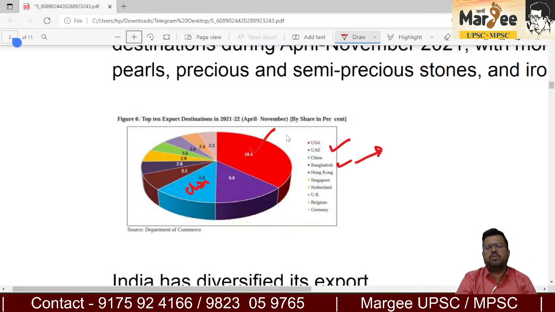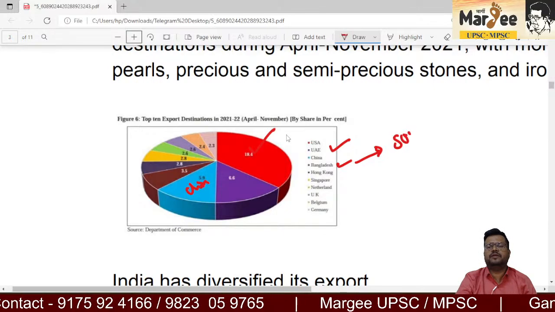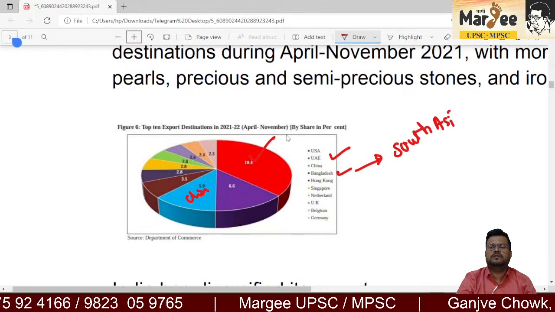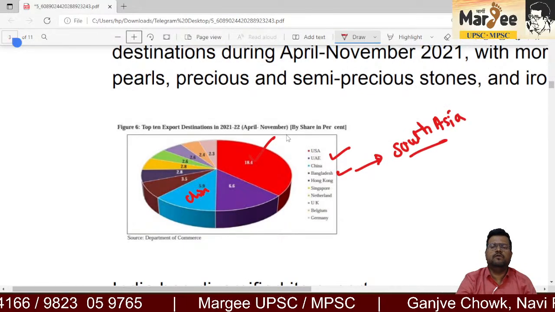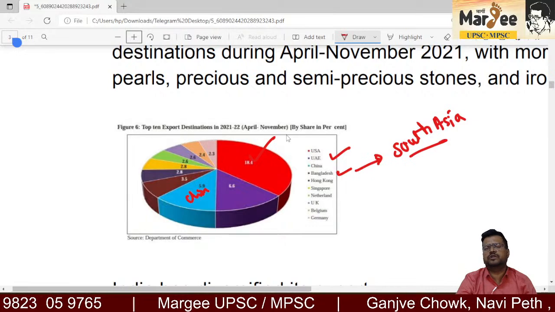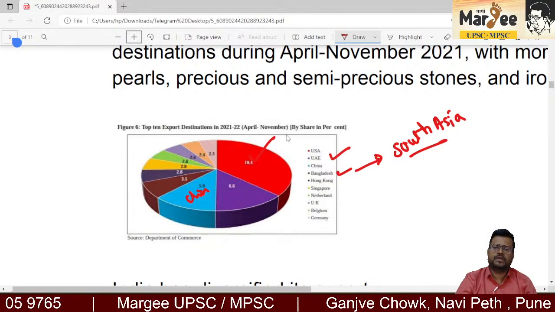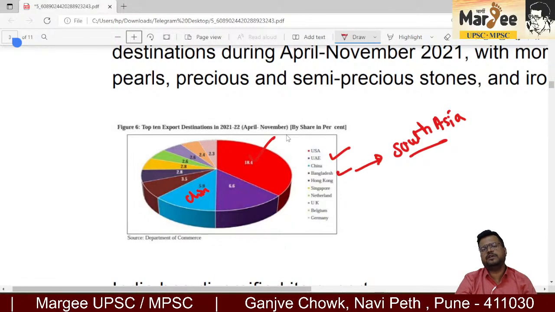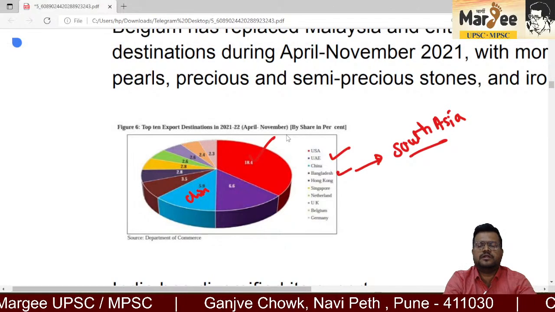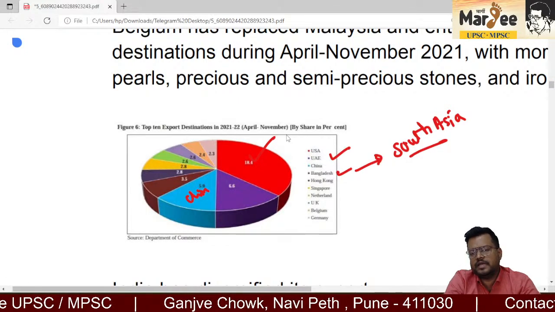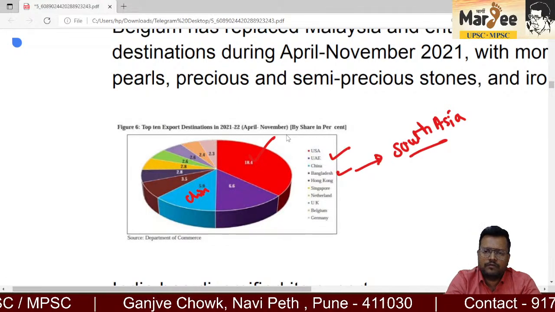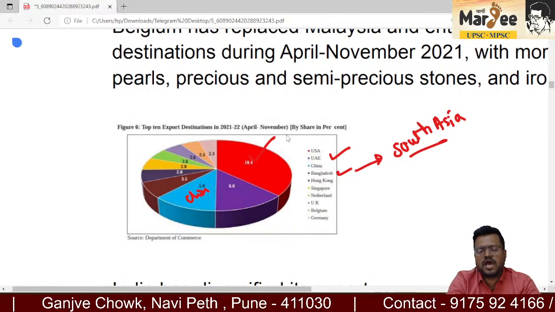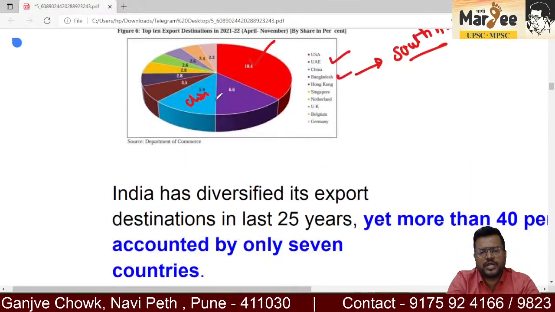See, Bangladesh is our largest trading partner in South Asia, and it is also fourth largest export destination for India. This was asked by UPSC in a prelim, that statement was given that Sri Lanka is largest trading partner for India in the South Asia, but for India it is Bangladesh. Bangladesh is our largest trading partner in South Asia.